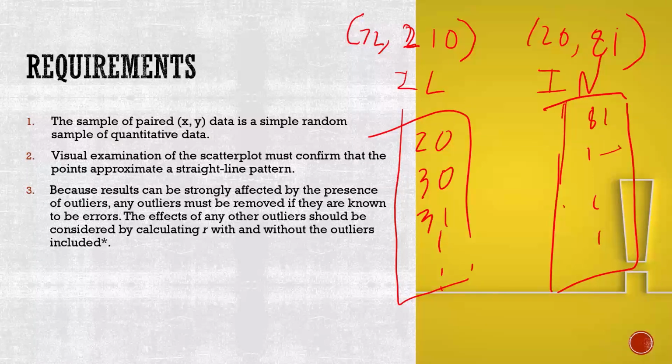Is the pairing of 20 with 81 a meaningful pairing? These warehouses are arbitrarily numbered from 1 to 10, right?